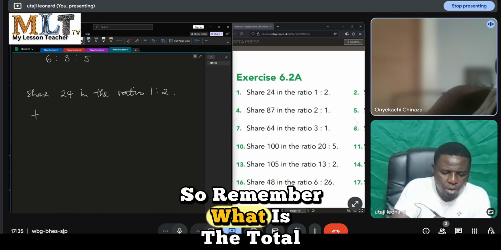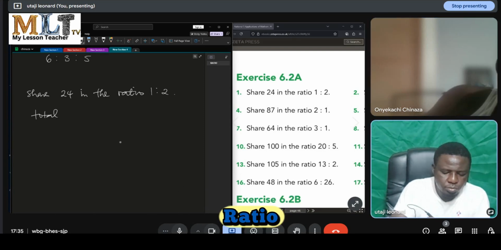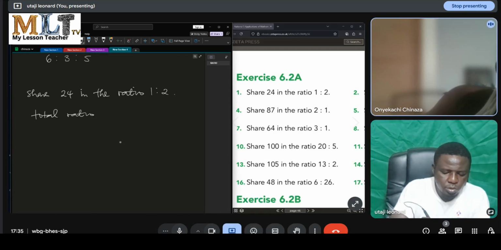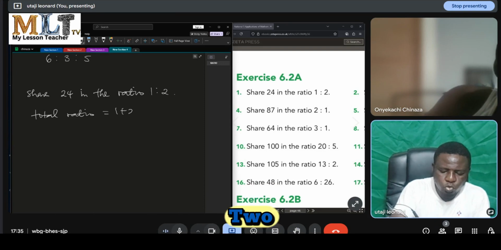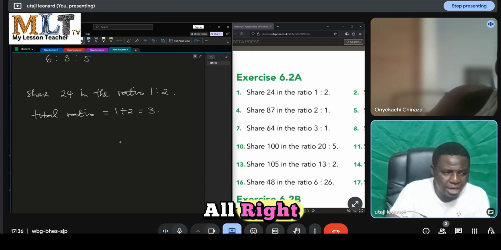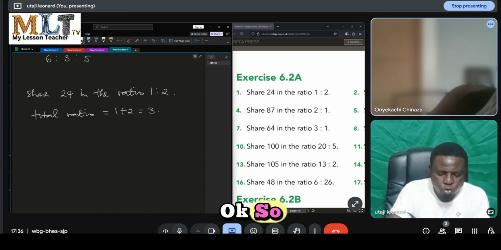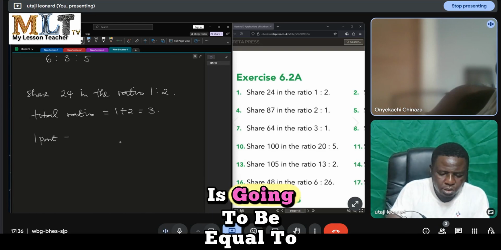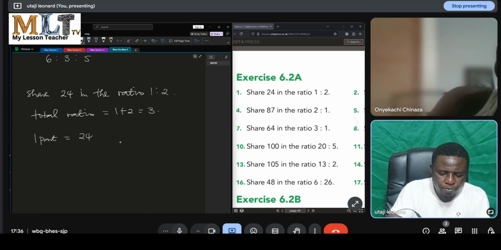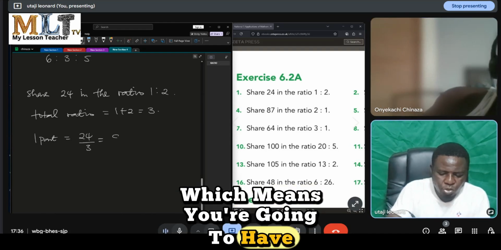Remember, what is the total ratio? It is 1 plus 2, which is equal to 3. All right. So one part is going to be equal to 24 divided by 3, which means you're going to have 8 parts.